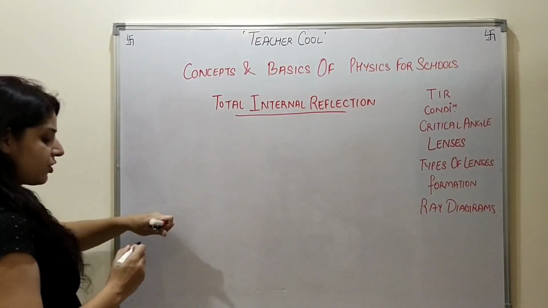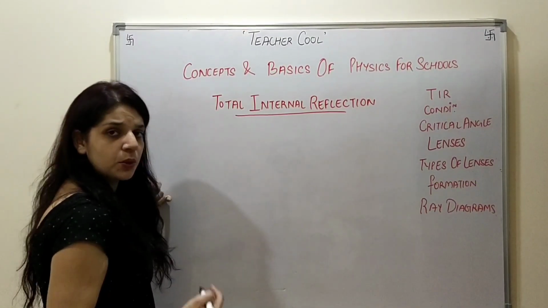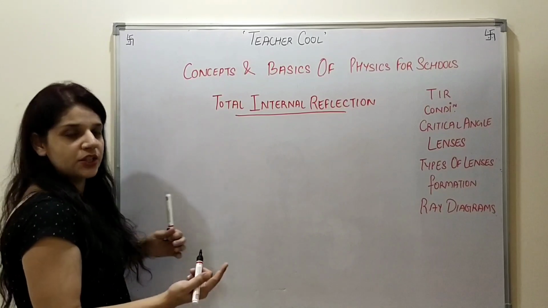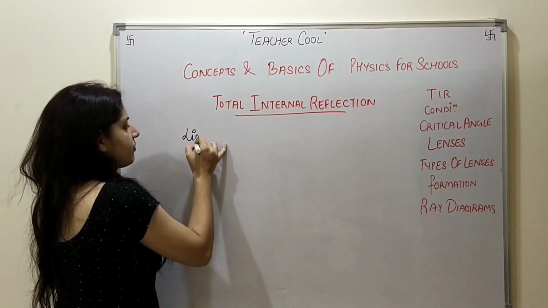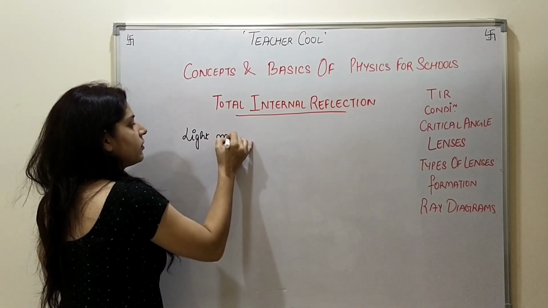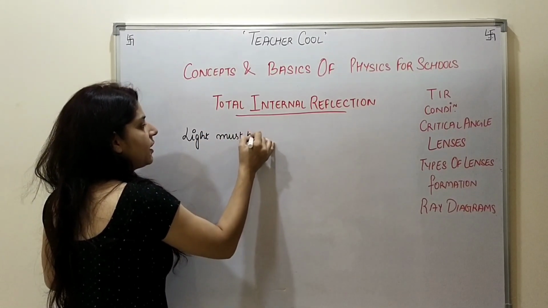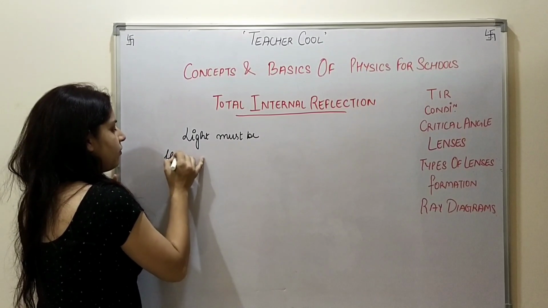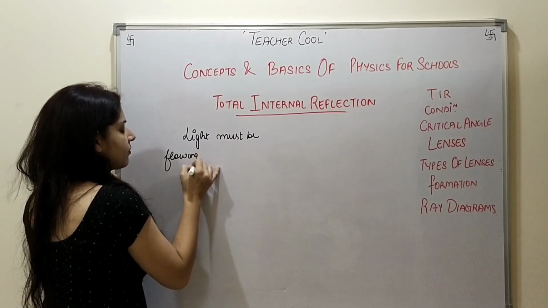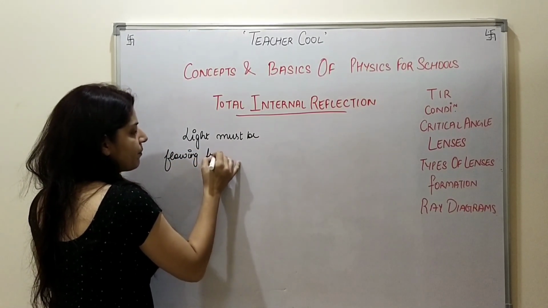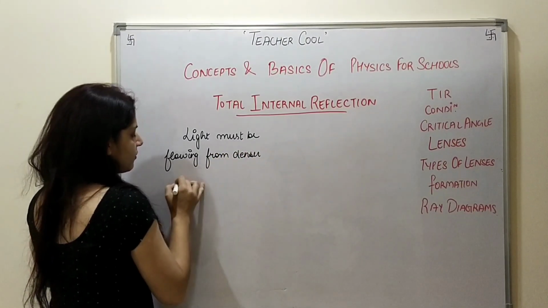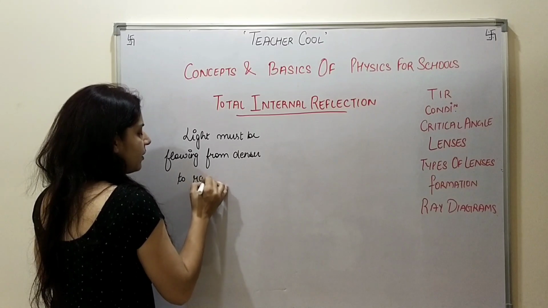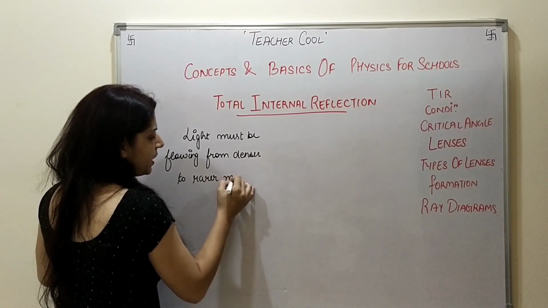Now the first condition for total internal reflection to occur, the first and the only condition, is that the light must be flowing from denser to rarer medium.